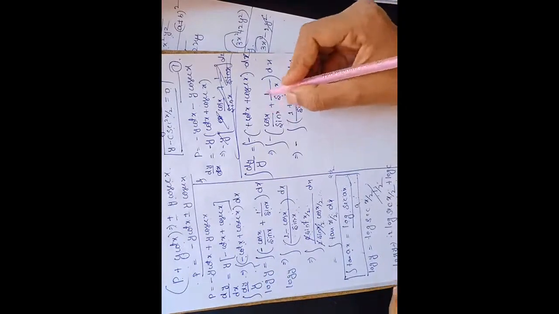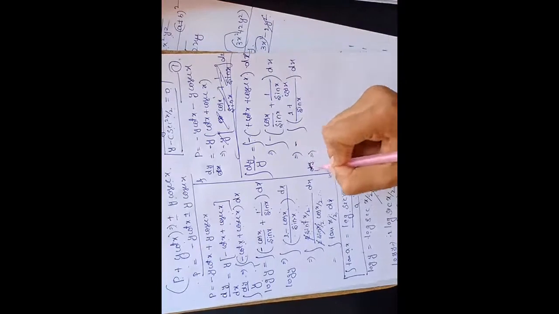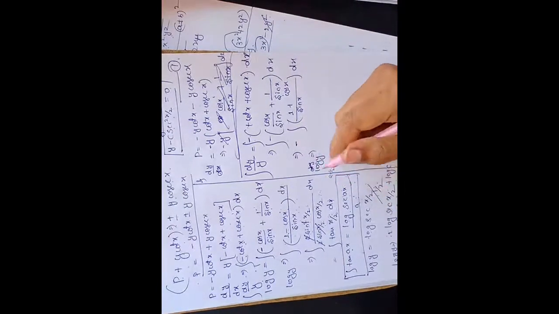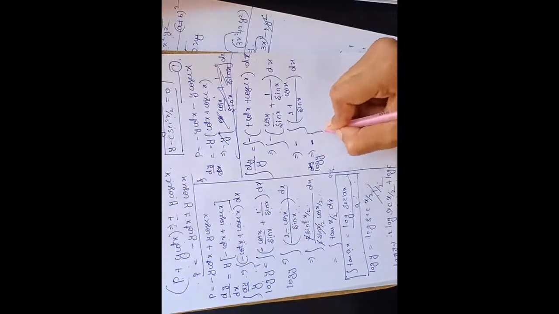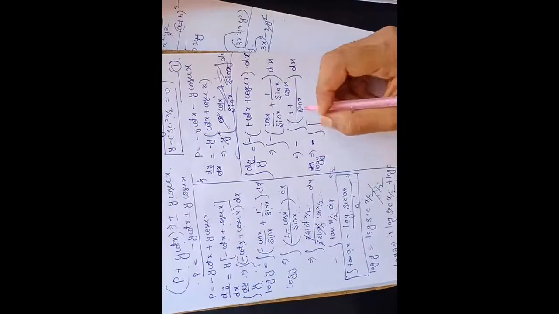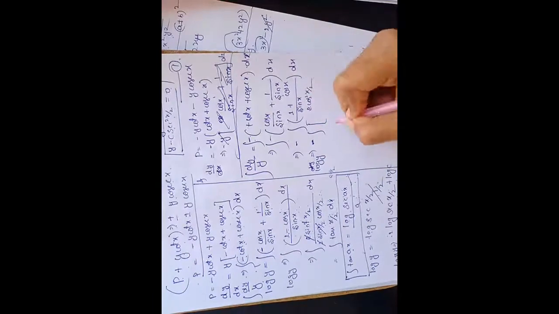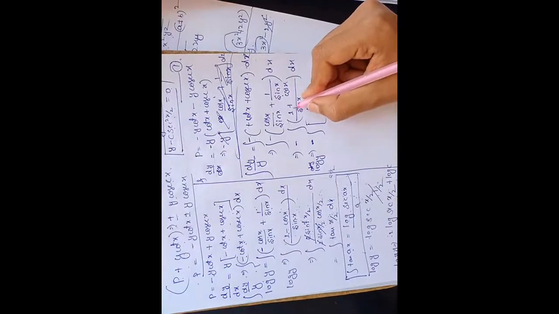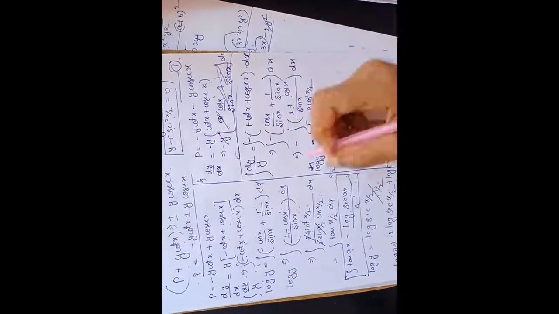Now integration of dy by y is log y, minus as it is, integration of 1 plus cos x. The formula is 2 cos square x by 2. So you have to remember, 1 plus cos x is 2 cos square x by 2. Please don't confuse: 1 minus cos x is 2 sin square x by 2.